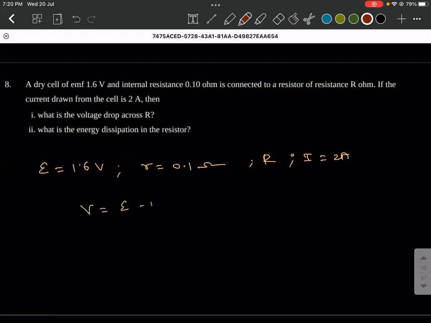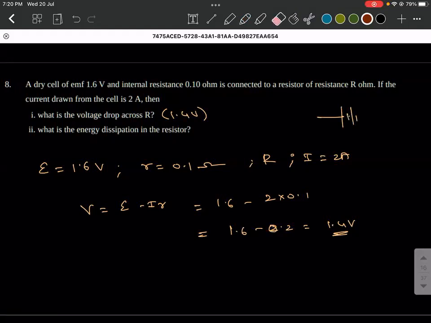So V is equal to E minus Ir. E is 1.6 minus I is 2 into r is 0.1, so 1.6 minus 0.2 gives 1.4 volt, because they both are connected in parallel. This is a cell with internal resistance connected across an external resistance.